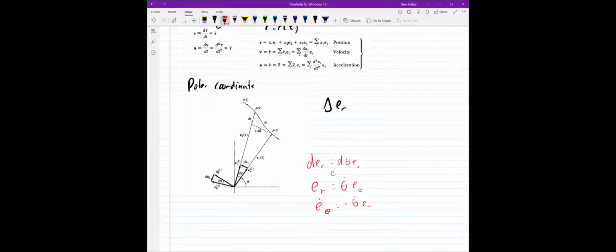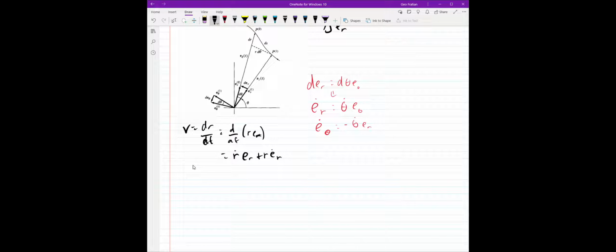So that means v, sorry about writing in red, is equal to dr/dt, which is equal to d/dt of r e_r. Remember, e_r is the unit vector, r is the actual length. So that's equal to r dot e_r plus r e_r dot.